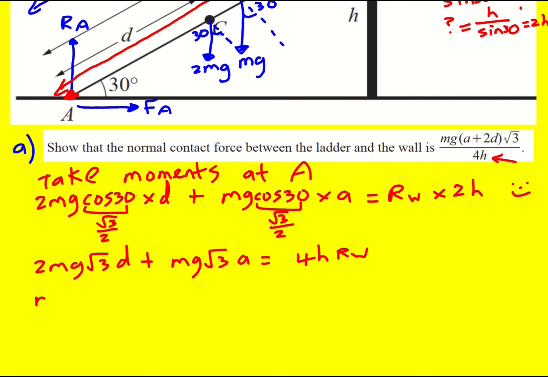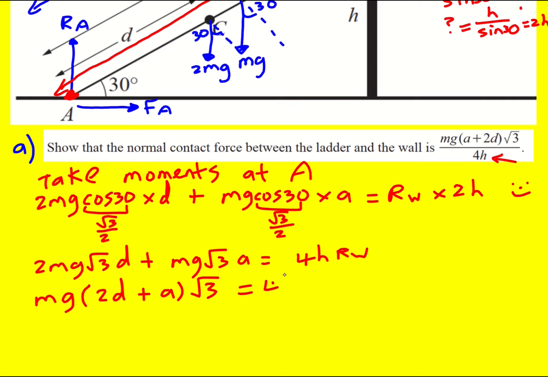And I can even look at the answer to help guide me. So mg times 2d plus a, and then a root 3. So it's making us put the root 3 at the end, which I find a little bit strange, but anyway, we factorized out the mg to the left and factorized out the root 3 to the right, and if you multiply back through, you will get the same thing.